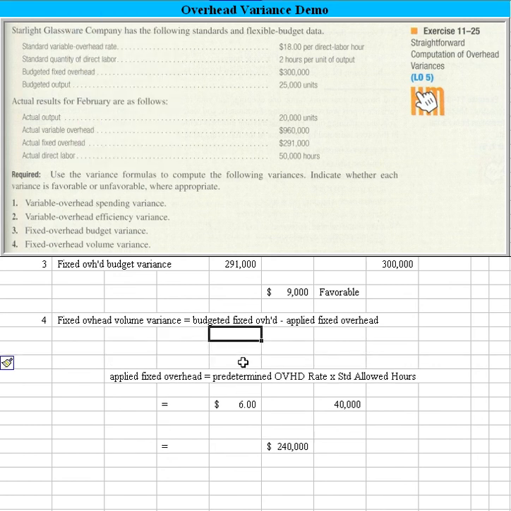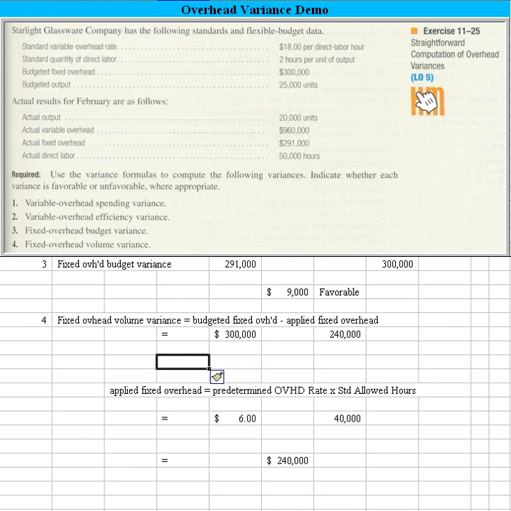So the budgeted, let's put the budgeted portion right here. Again, I'll use the equal sign to sort of line up where we are. Well, the budgeted portion came from the problem, the 300,000, right? And the applied comes from what we solved below, 240,000.